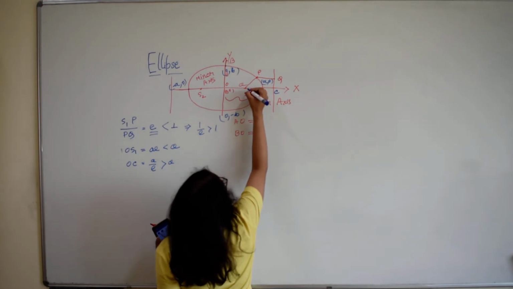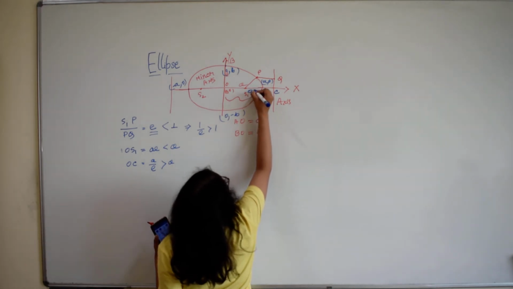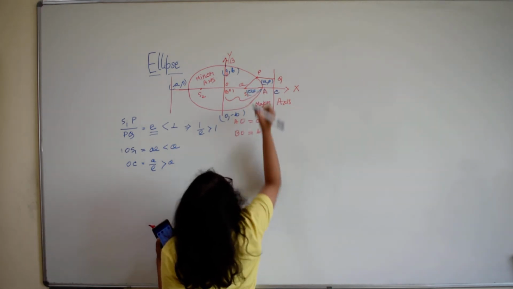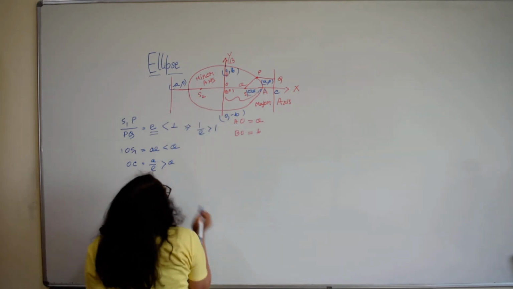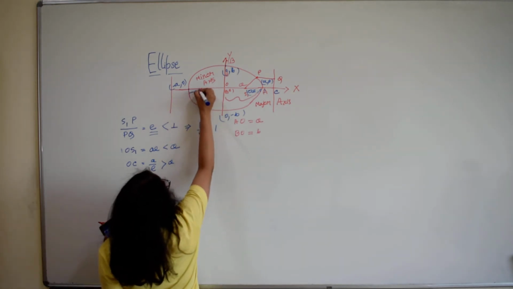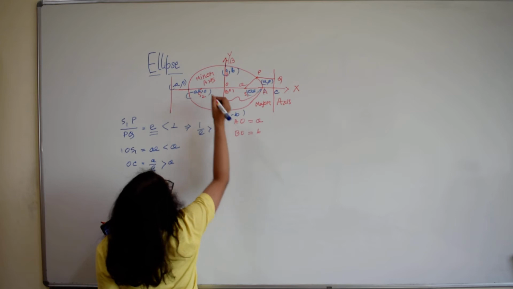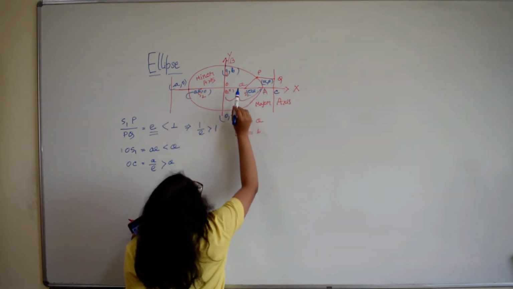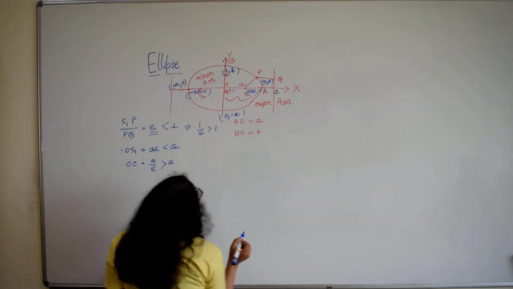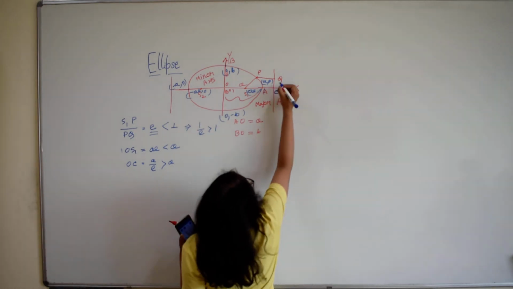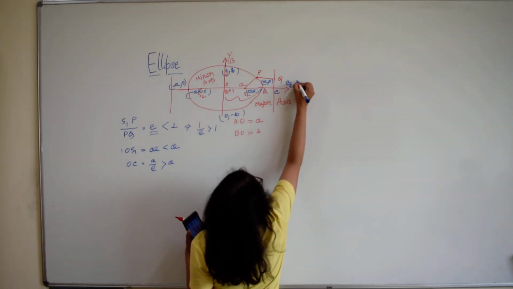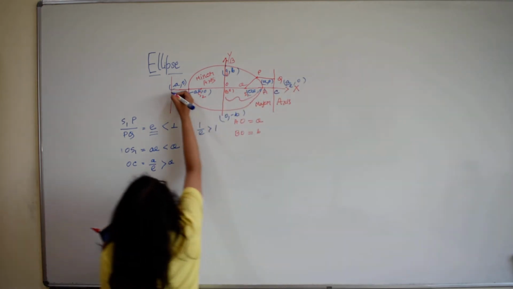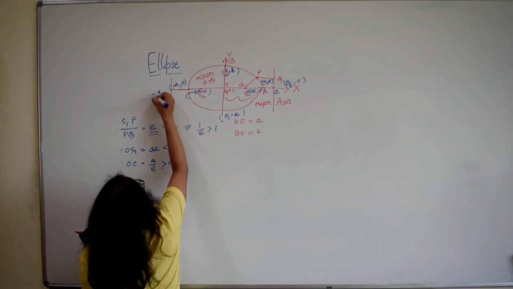This point is ae comma 0, and it will be the same distance, so this will be minus ae comma 0, because this ellipse is symmetric about its major axis and minor axis. This point will be a by e comma 0. This point will be minus a by e comma 0.